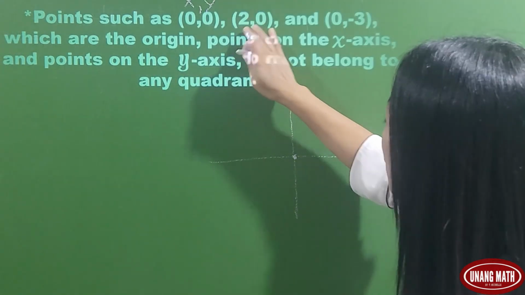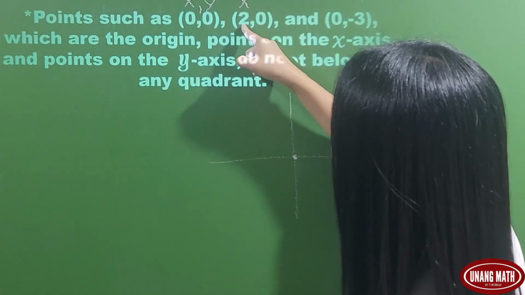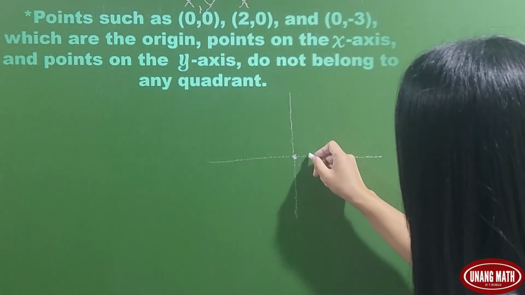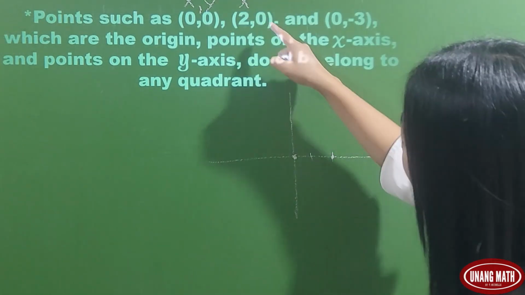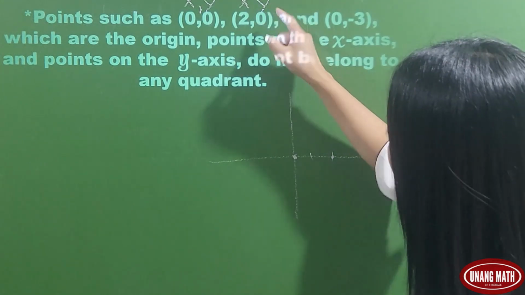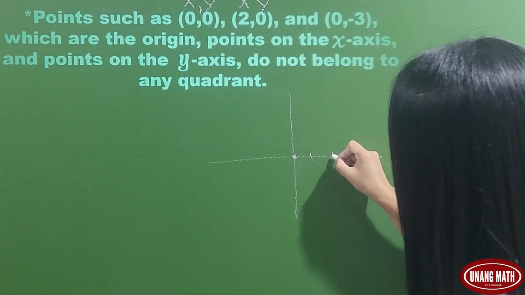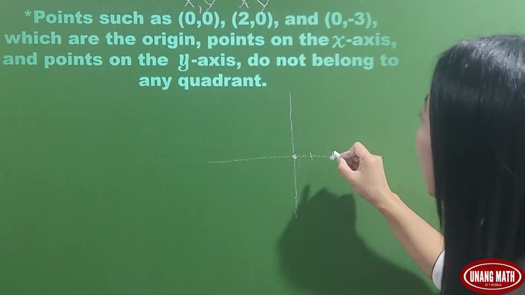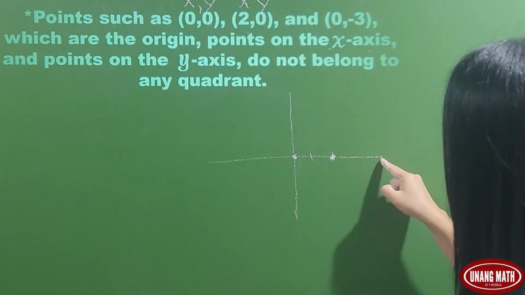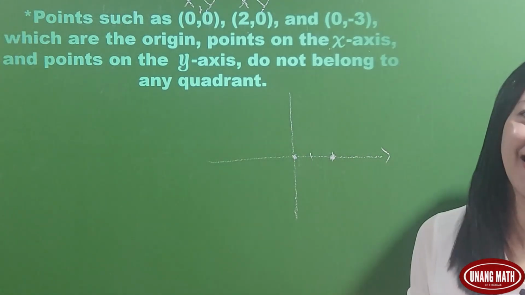Okay, what about (2, 0)? The x-coordinate is positive 2, so it's here. And the y-coordinate is 0. So it means (2, 0) is this point, and this point lies on the x-axis.